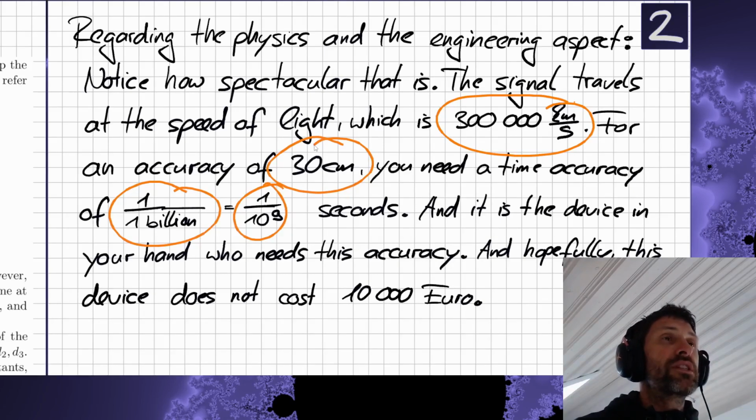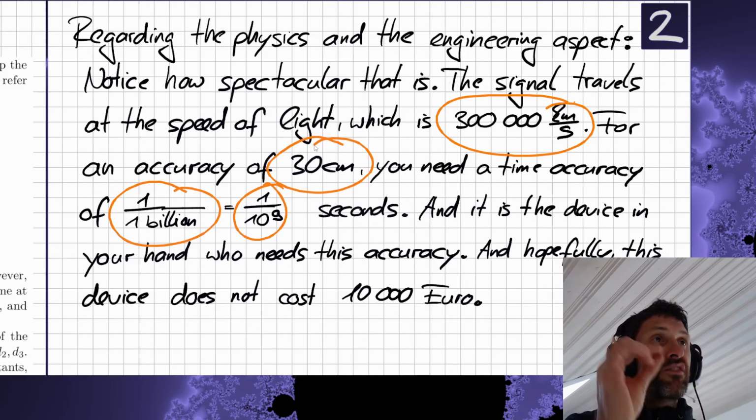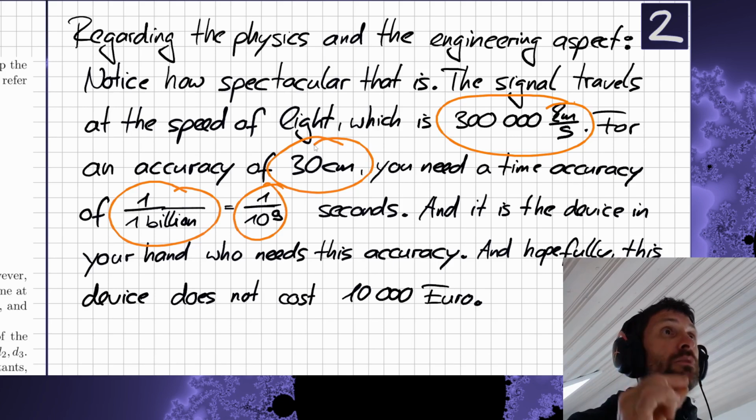Maybe 1 meter is enough, okay, but 10 or 20 meters are not enough. If you drive your car and you are told, please drive to the right now, you don't want that it's 30 meters before or after when you really have to turn right.